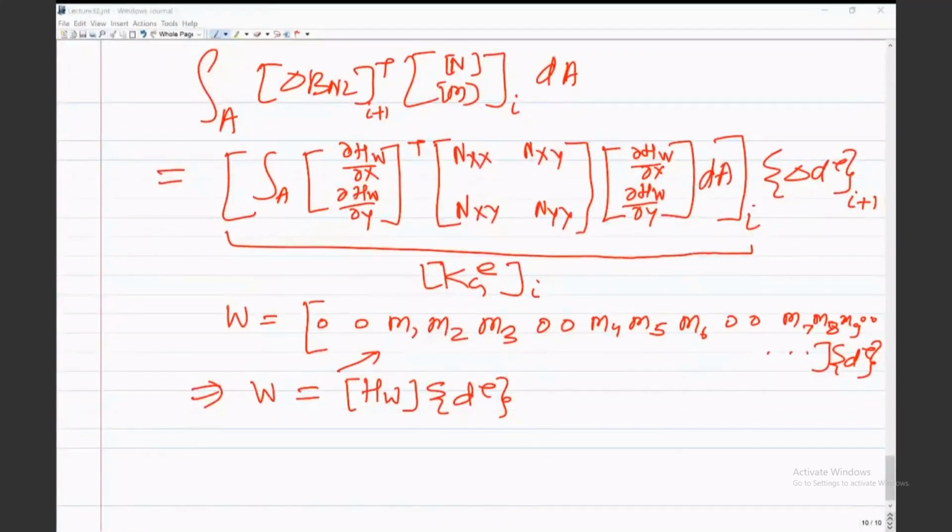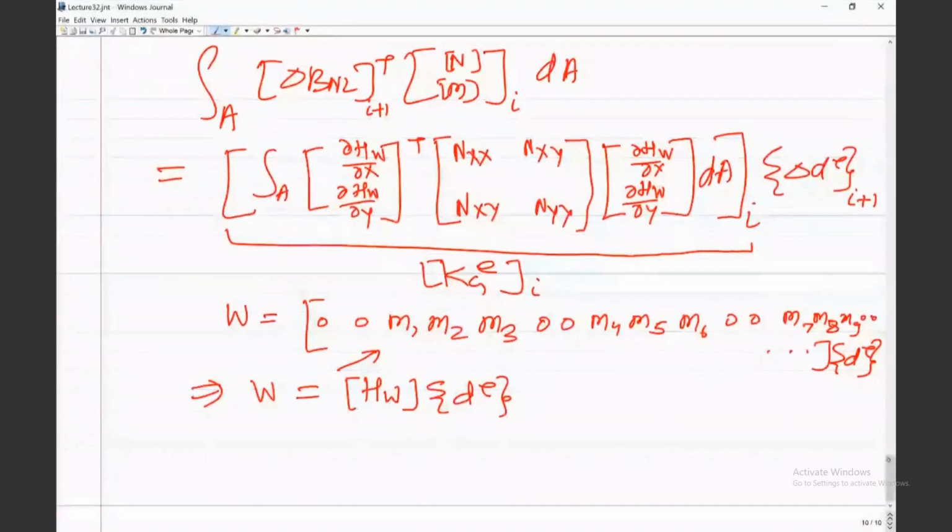Hello, sir. Will N be a column vector or a matrix? It is a column vector. N is a column vector. Then in the next step, in the Kg expression, how is it Nxx, Nxy? Because there are three components, Nxx, Nyy, and Nxy. So you have to rewrite this.